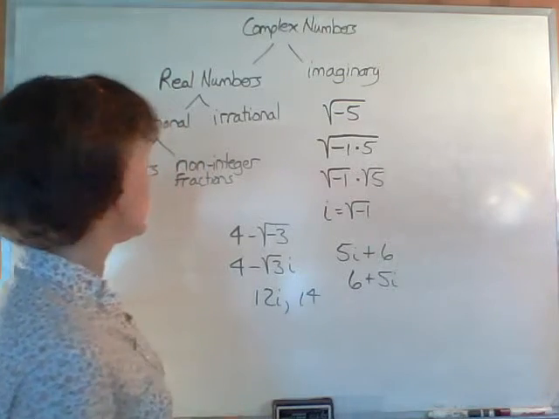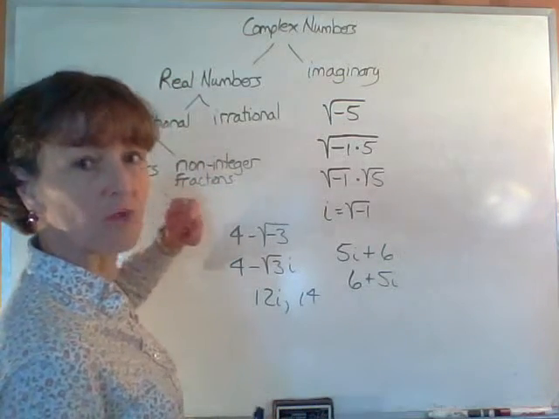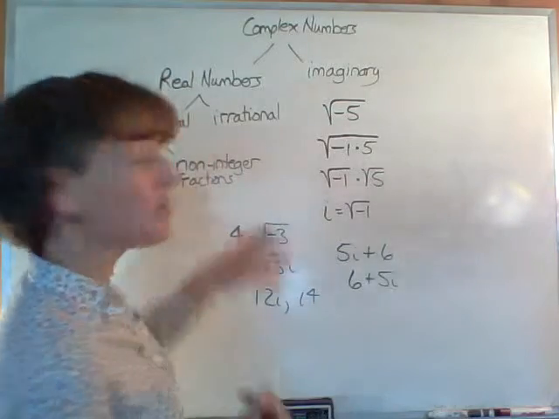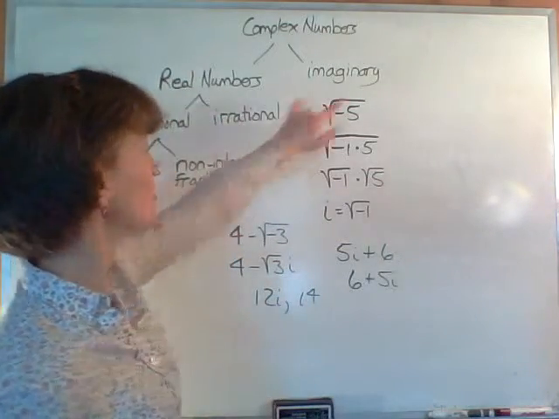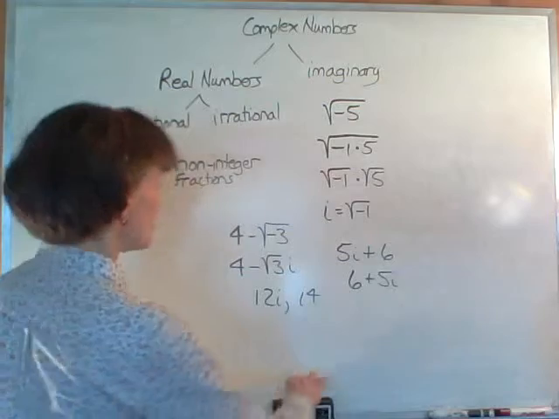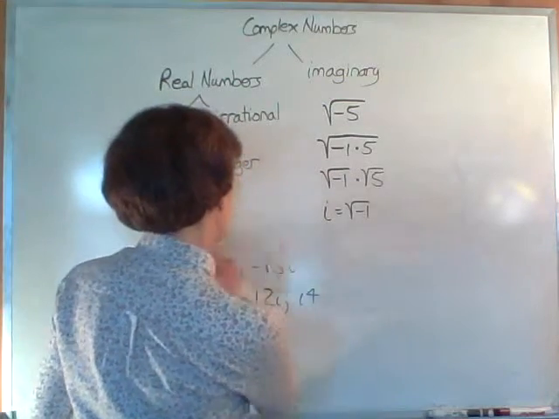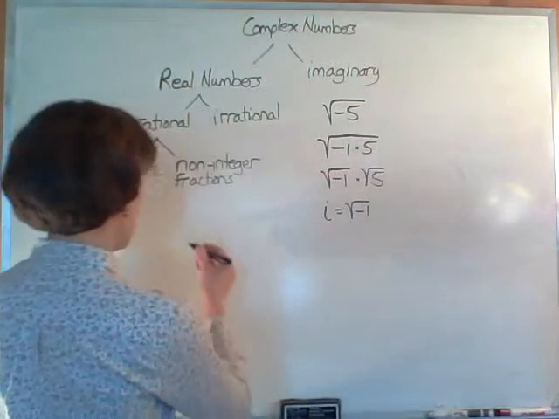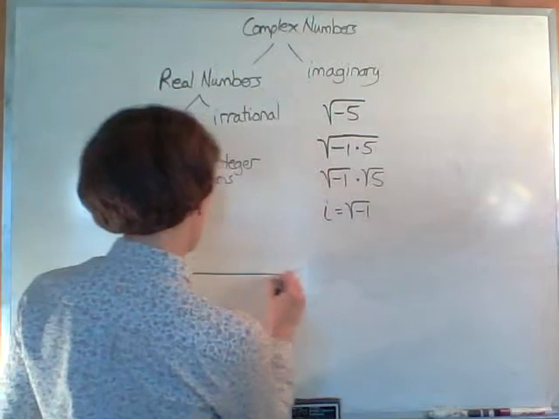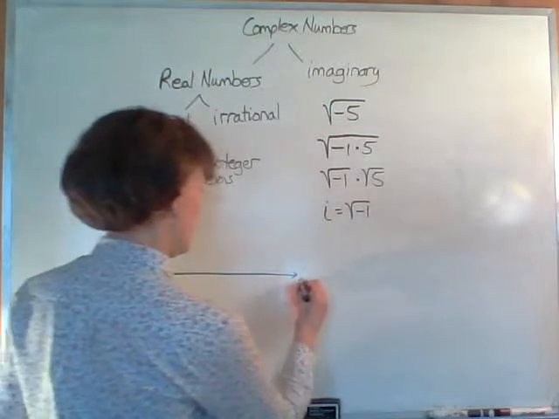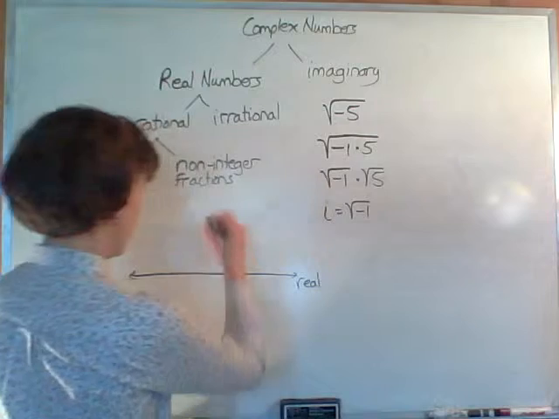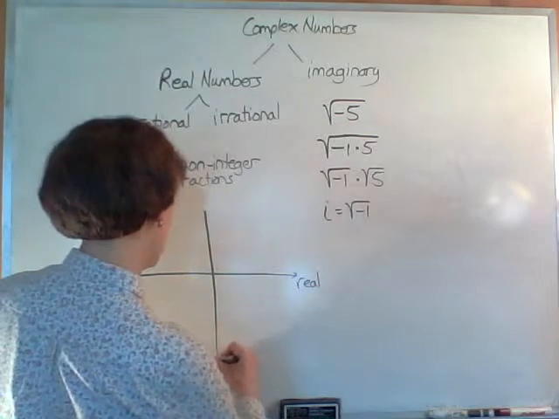Now, just as we can graph real numbers on a number line, we can graph complex numbers on a number line, but it takes two. It takes a number line for the real numbers and a number line for the imaginary numbers. So let me show you what that looks like. This is my real number line. And then this is my imaginary number line.